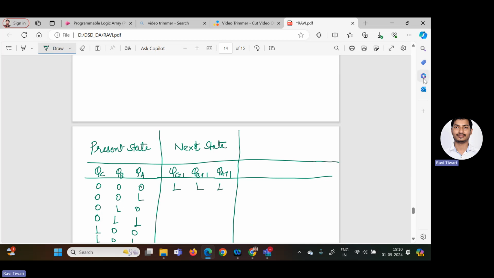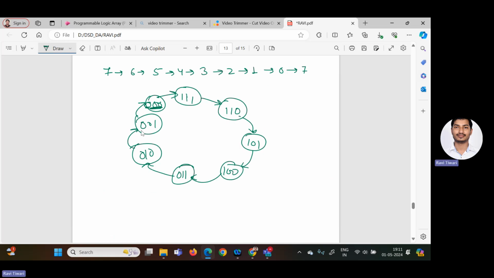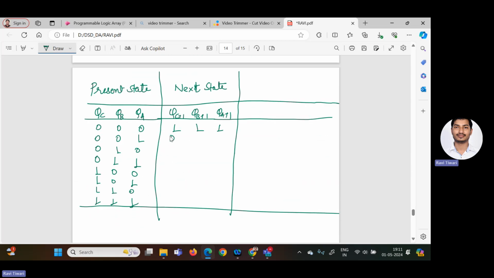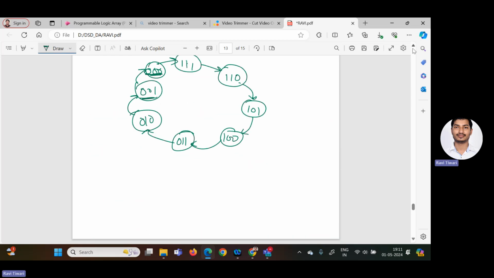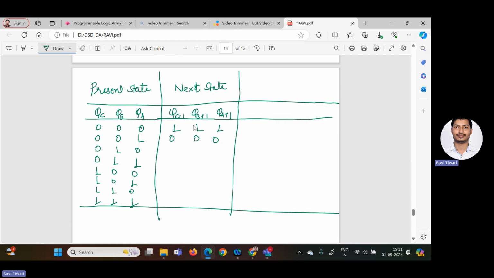If you are in the state 0, 0, 1, what will be the next state? It will be 0, 0, 0, right? If you are in state 0, 1, 0, then the next state will be 0, 0, 1, right? So here you can use the state diagram to write down the next state.